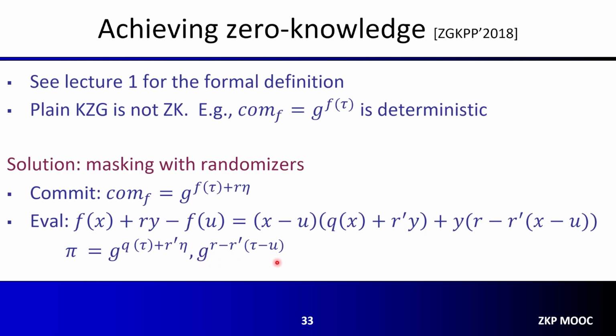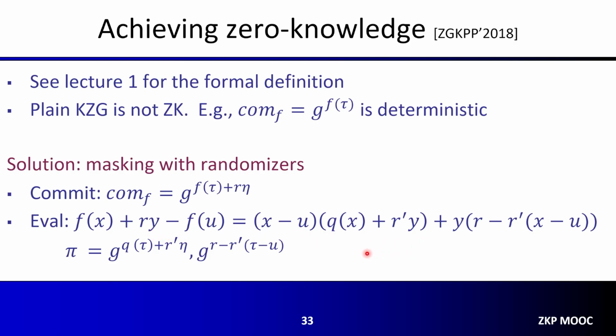And the second element is g to the power of r minus r prime times tau minus u, essentially from the second polynomial in the parentheses. And then we can check this relationship of the randomized decomposition with the pairing equation to check the product in the exponent. And this is how we achieve zero knowledge for the KZG polynomial commitment scheme.